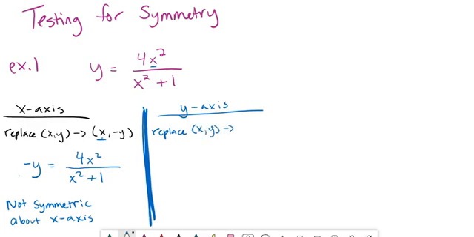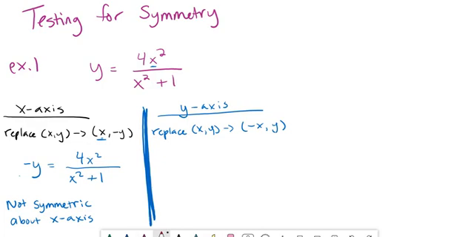But this time, when we're testing for y-axis symmetry, it's negative x comma y. That tells me that each x I'm going to replace with a negative x, or the opposite of x, and each y is just going to stay as a y. We're going to do that replacing into that purple equation and see what we get.